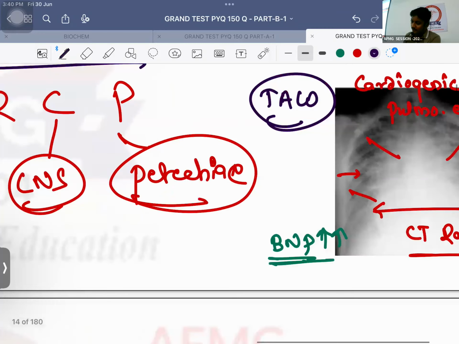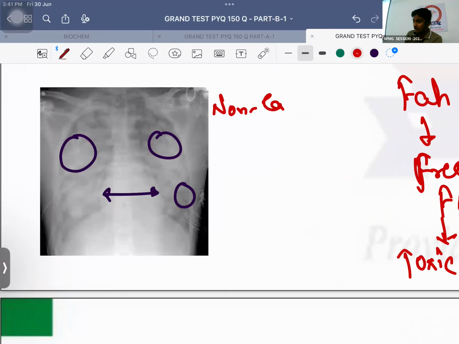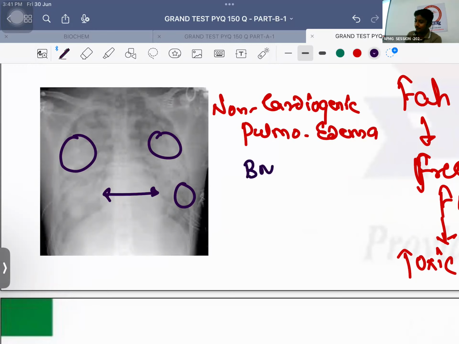Okay? And if I say the cardiothoracic ratio is normal, and you are only able to see patches in the lungs, they are due to pulmonary edema. Okay, so is this a case of cardiogenic or non-cardiogenic? This is a case of non-cardiogenic pulmonary edema. And in non-cardiogenic pulmonary edema, will the levels of BNP be normal or high? The levels of BNP will be normal.